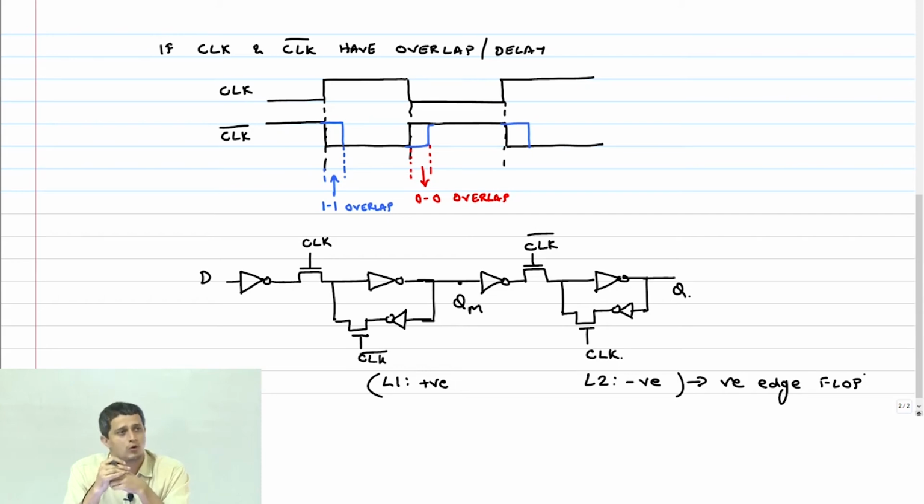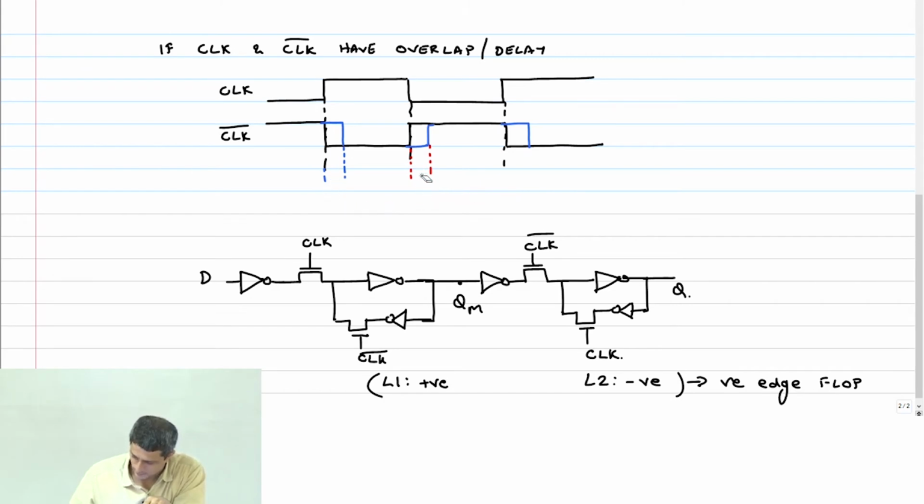So now I want to impose this condition that I just told you, where I have a 0-0 overlap and a 1-1 overlap. Okay. So first of all, what is the expected behavior? Let me maybe remove this, I can use this space well. So I have my data D, and this D as usual is making some transitions here.